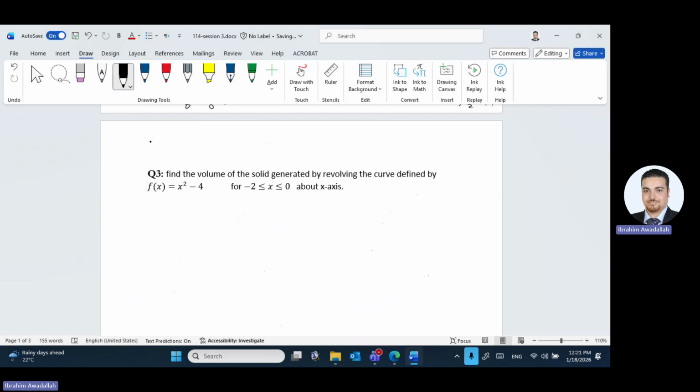Now, the second idea for today, disk, let me write 2 here, disk method.